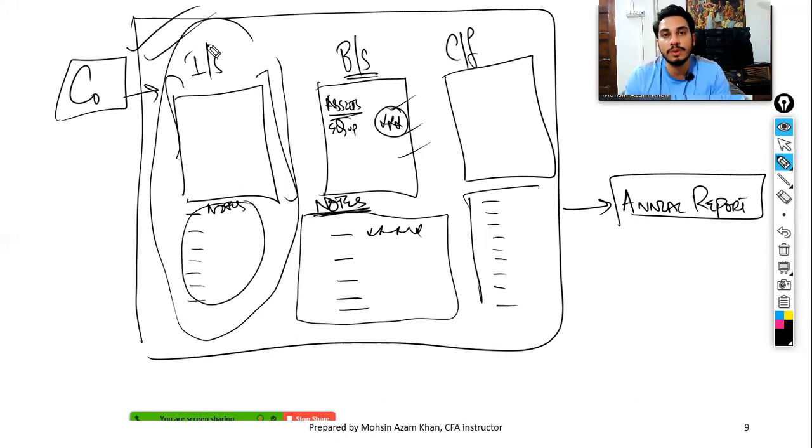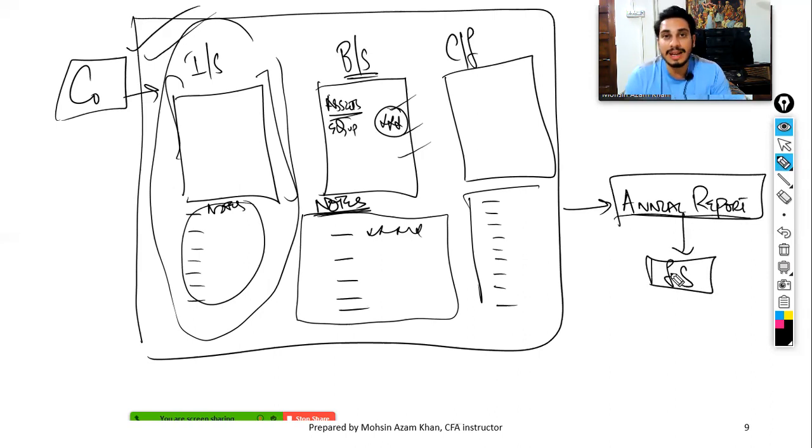For example, if you want to see the financial statements of Toyota Corporation, you can go to their website, search for the financials of Toyota, and you will find the annual reports of Toyota. You click on them and you'll get the financial reports. So in the annual report there is a part of financial statements.